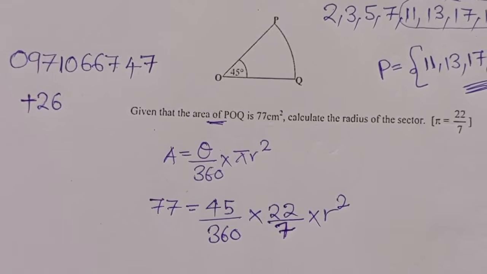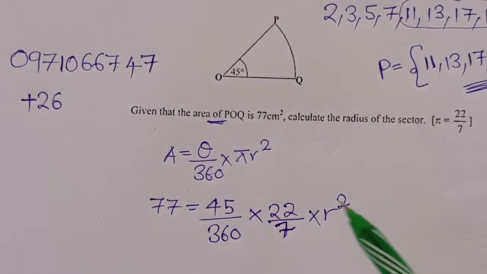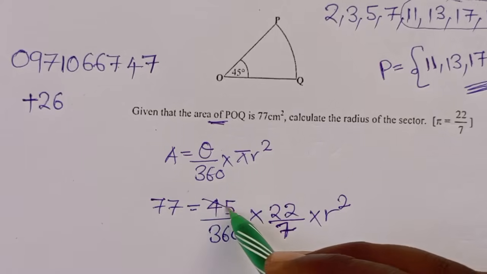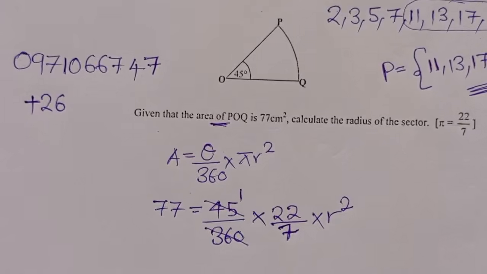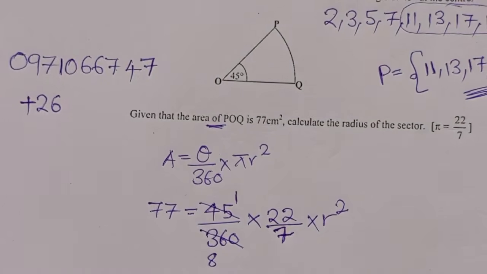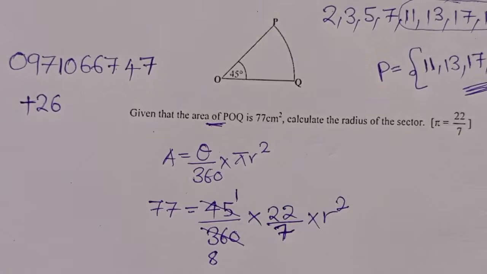We can now reduce this. How many times can 45 go into 360? It goes 8 times, so we have 1 over 8.